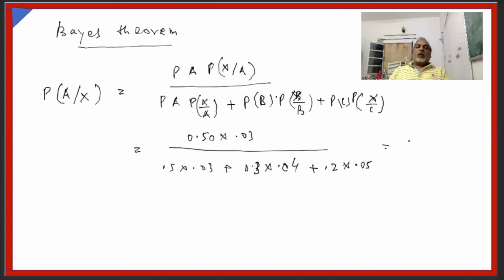Correct? And this will come as 15 by 37. Bayes' theorem is basically applicable for reverse possibility. Means you have to find out from which factory this has come out. So this is the answer of this question.